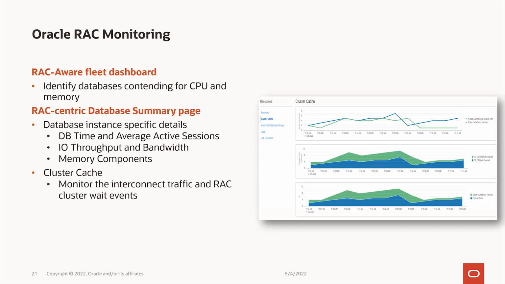So you can monitor database instance specific details from the instance tab of the database summary page to monitor some metrics like database time and average active sessions, IO throughput and bandwidth, and memory components. So database management provides a simple unified view across databases, complex cluster environments, and helps to troubleshoot application problems.